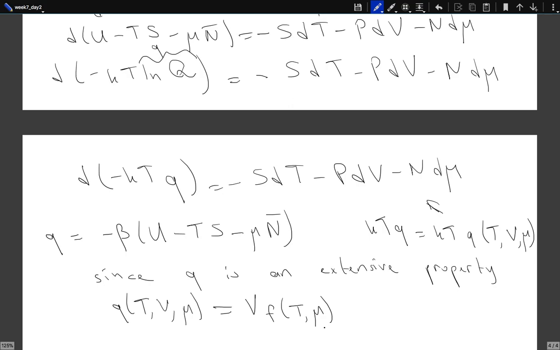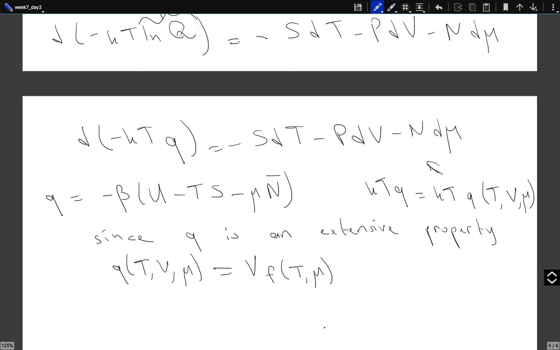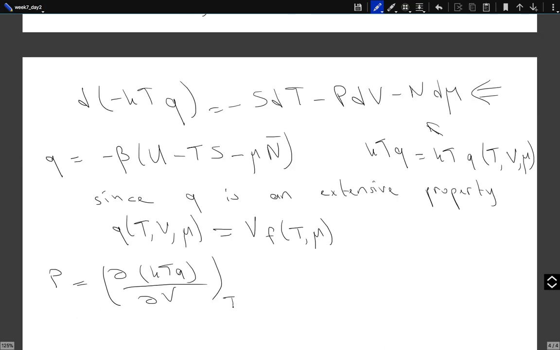Now the next thing, what is that F? Well, let's see. If you look at this relationship over there, I can write the pressure as minus the derivative of kTQ with respect to V at constant temperature and chemical potential, which is kT times the derivative of Q with respect to volume at constant temperature and chemical potential.